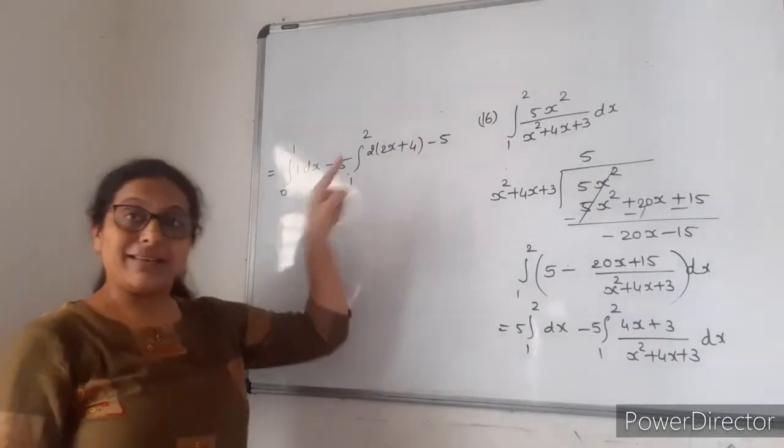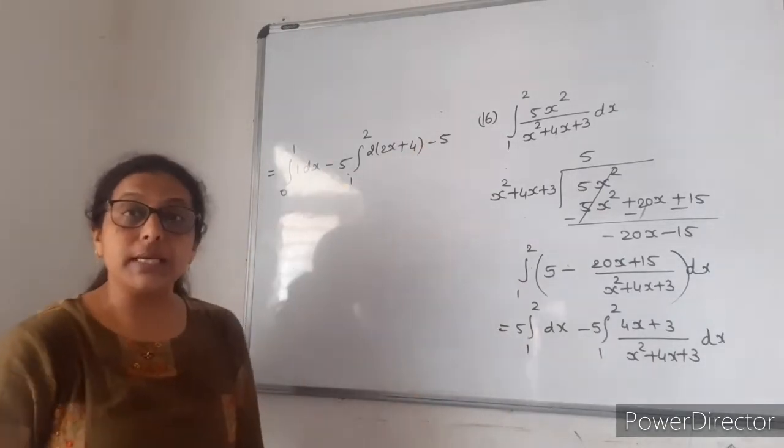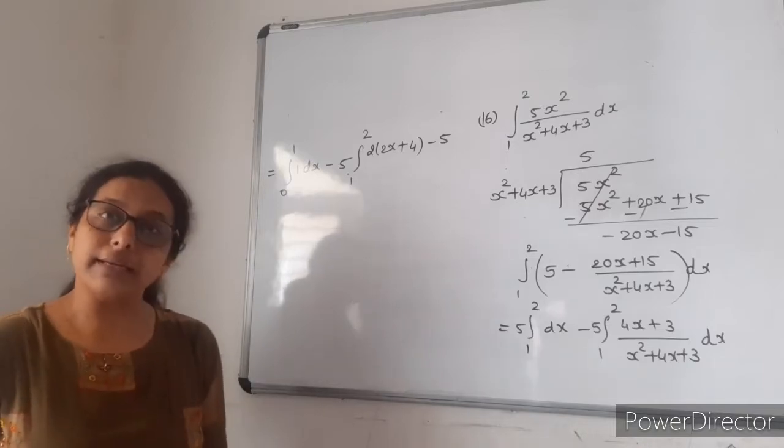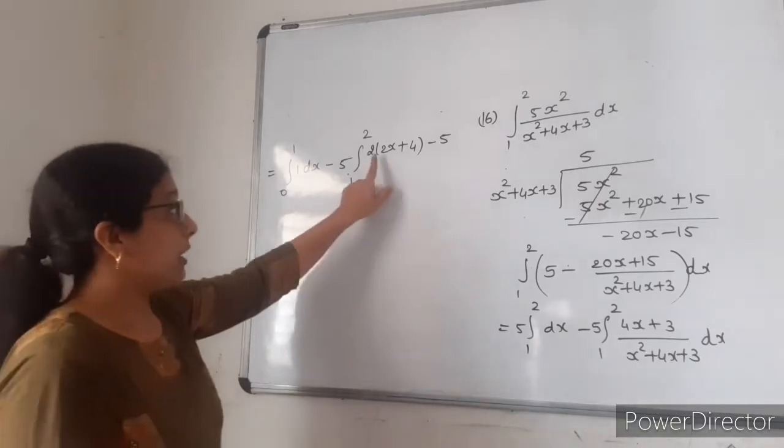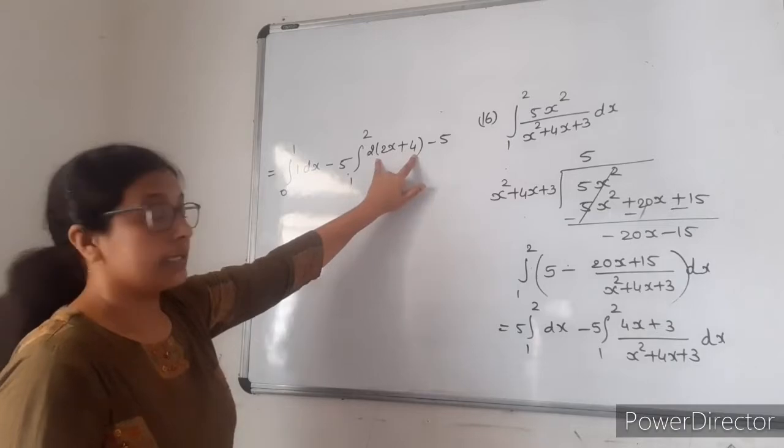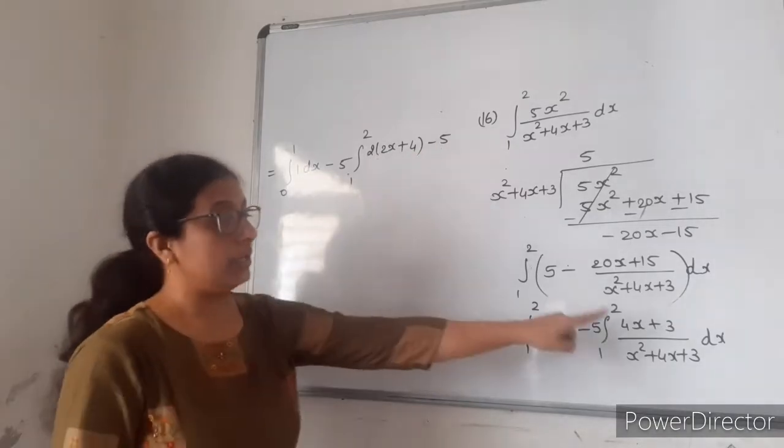So I have to subtract 5. Set the terms directly. Instead of using ax plus b, we can now set directly, right? So here 4x plus 8 minus 5 is 3.